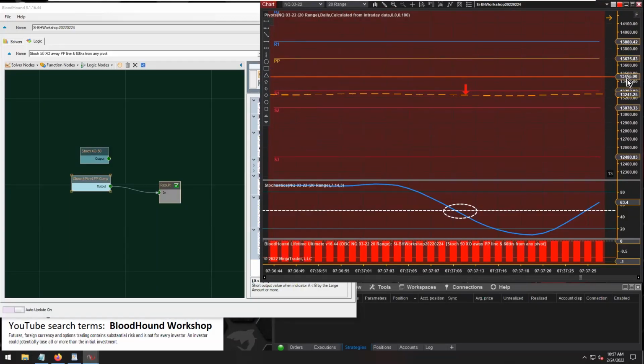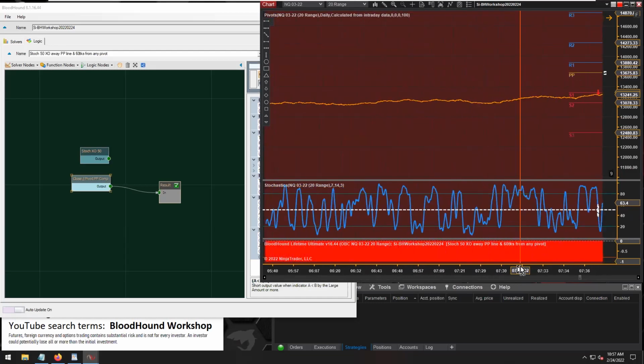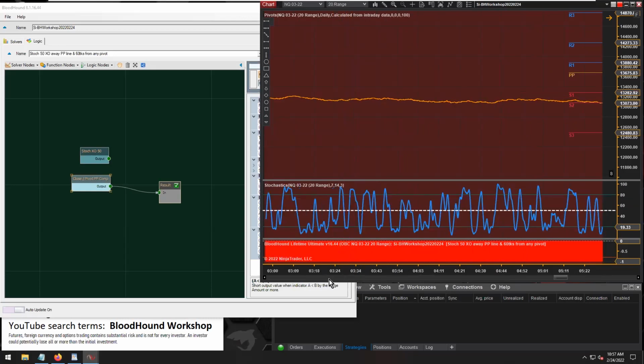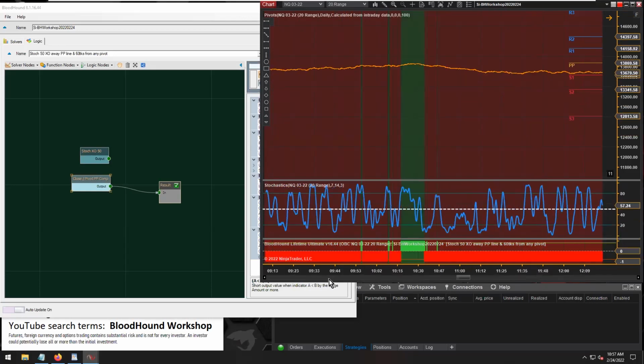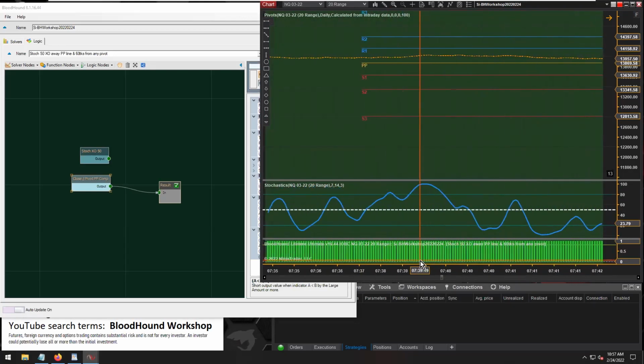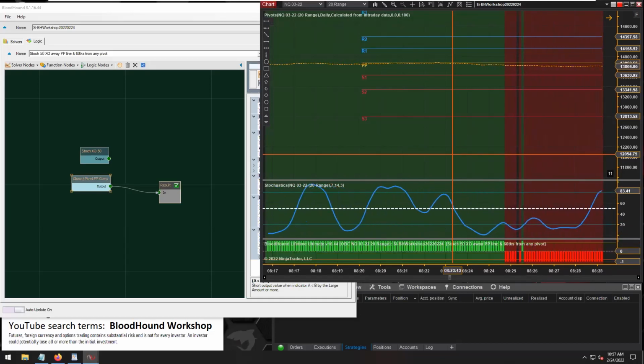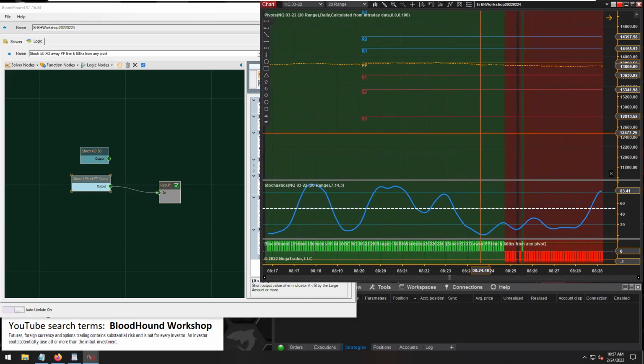Oh, there we go. Now this shrunk up so we can see price is currently below the PP line, and we're getting a short output. And I doubt price ever goes above the pivot line. Oh, there we go. Let's see if we can find that crossover point. Oh, look at that.